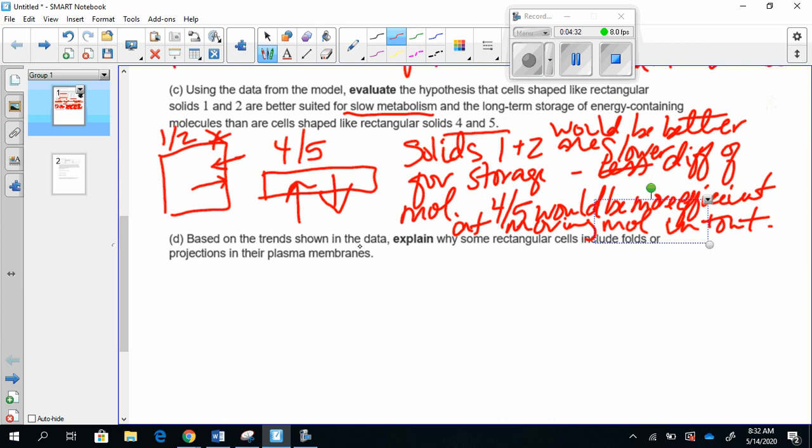All right, based on the trends shown in the data, explain why some rectangular cells include folds or projections.